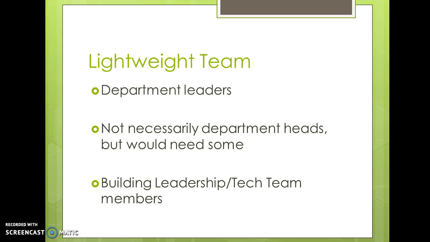And as you can see in my second bullet point, I'm not necessarily talking about the department heads here. I think that you would want to find the right people in the departments. And you know, department heads are great. They're experienced. They understand leadership and how to bring people into a certain mentality. However, I think that some department heads are maybe those teachers who are stuck in what they've always done.